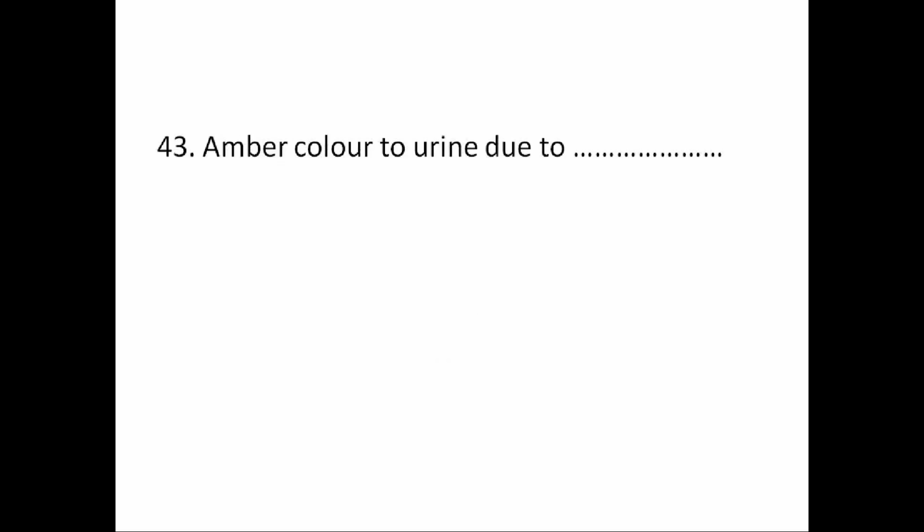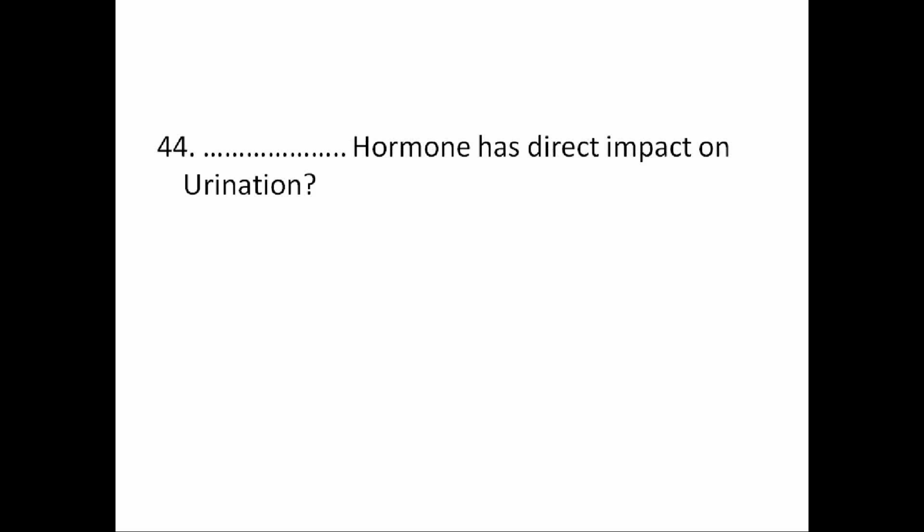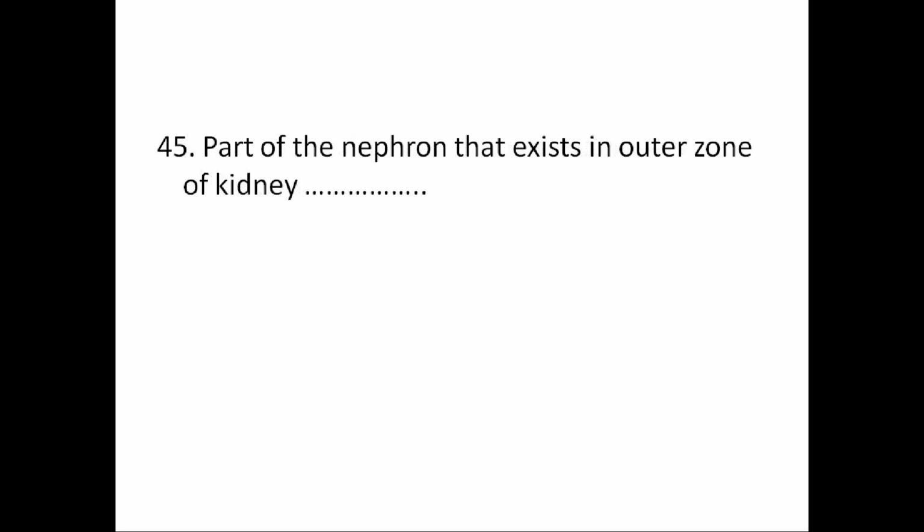Amber color of urine is due to urochrome. Which hormone has direct impact on urination? Vasopressin. Part of the nephron that exists in the outer zone of the kidney? DCT.